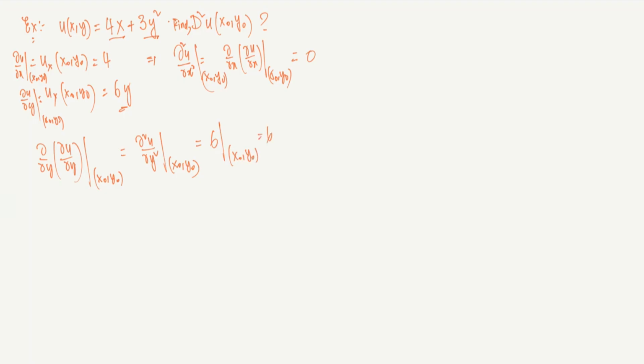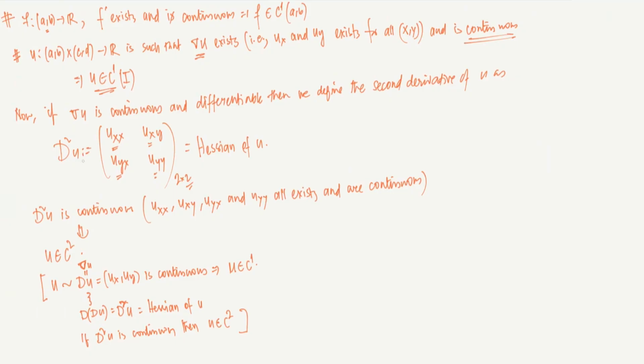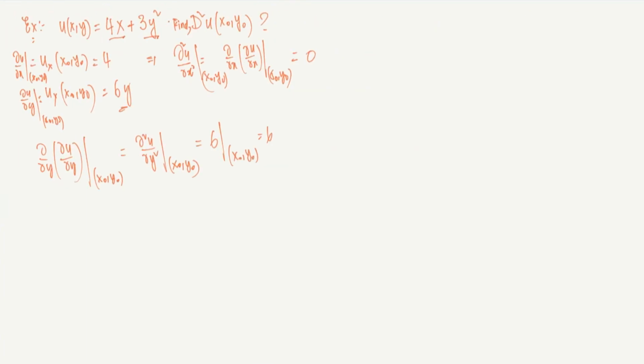Clear? Now we also have to figure out the mixed terms, since d2u contains uxy and uyx. Generally, del u del x of del u del y we will call u of yx, meaning uy with respect to x.